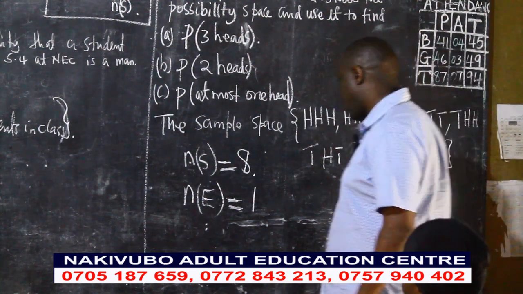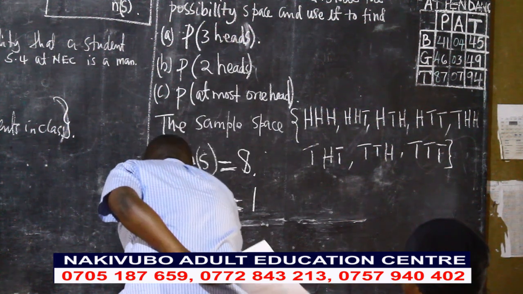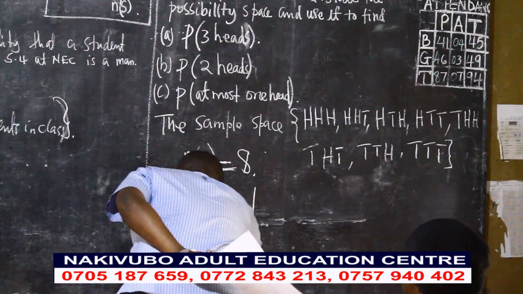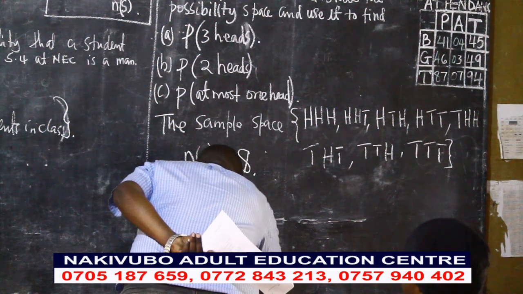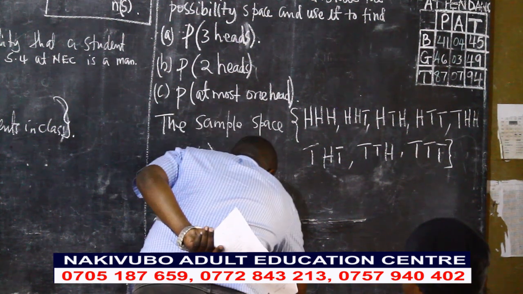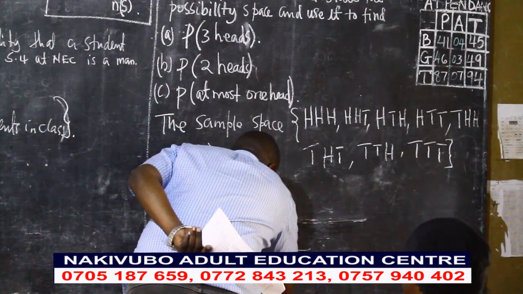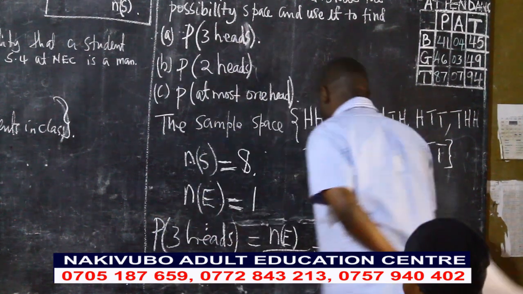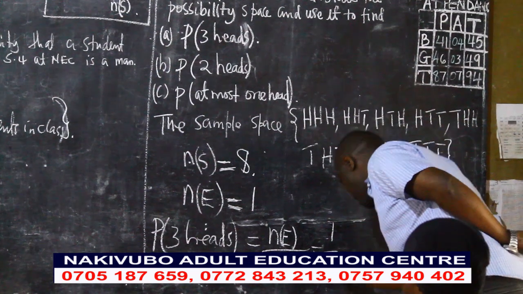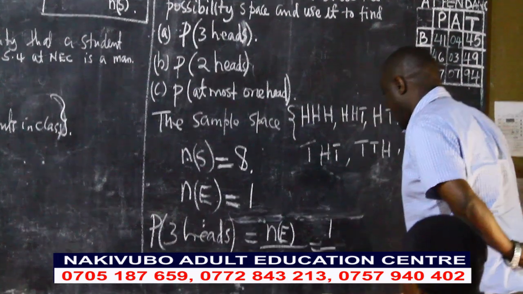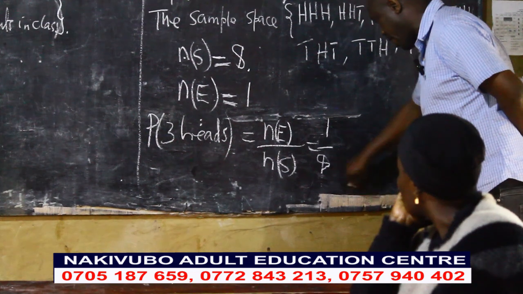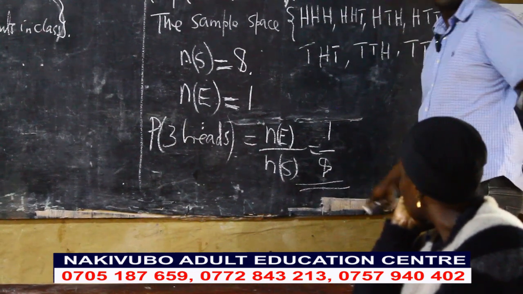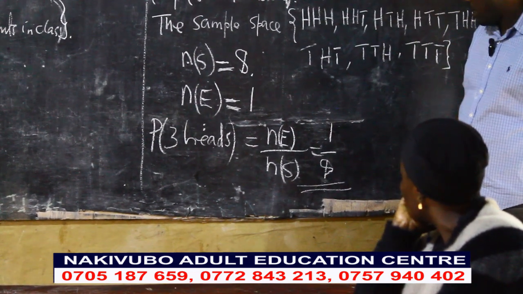So what is the probability of getting 3 heads? The probability is equal to NE over NS, where NE is 1 and NS is 8. So the probability is 1 over 8. Is this clear?